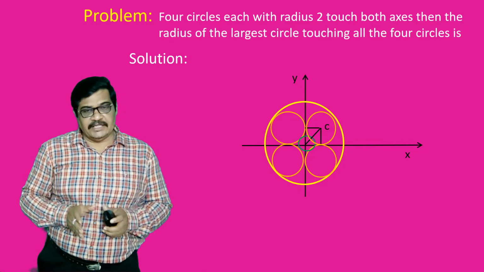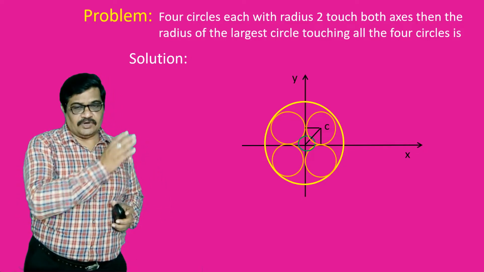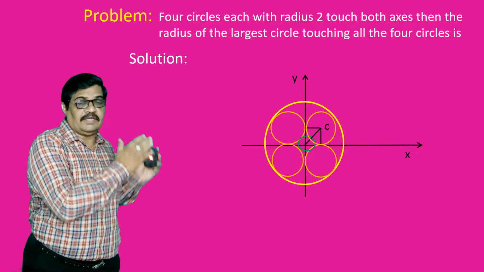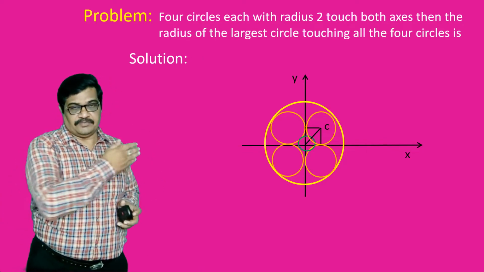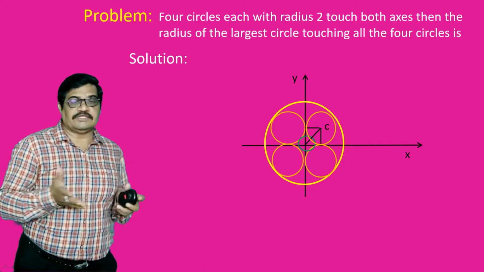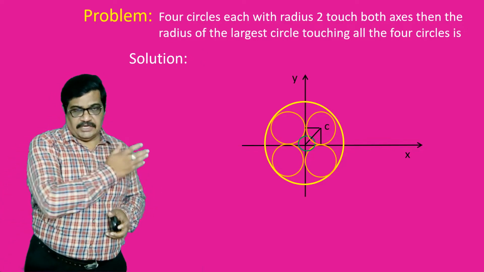Now we have to find the radius of the largest circle. Okay, you understood the diagram, then the problem is very easy. See the diagram.